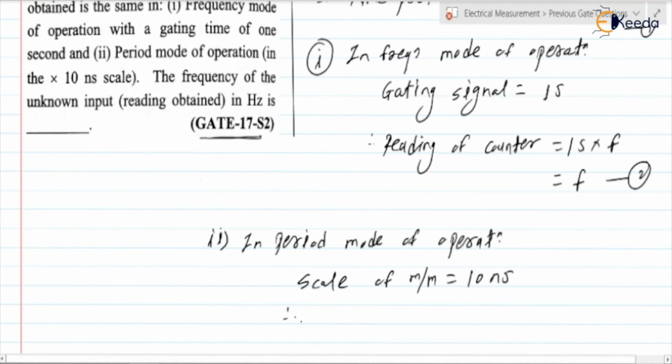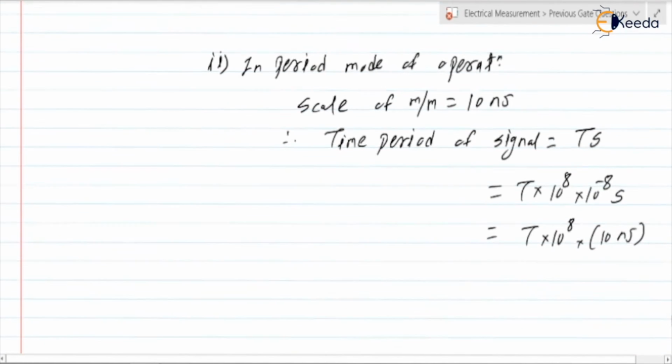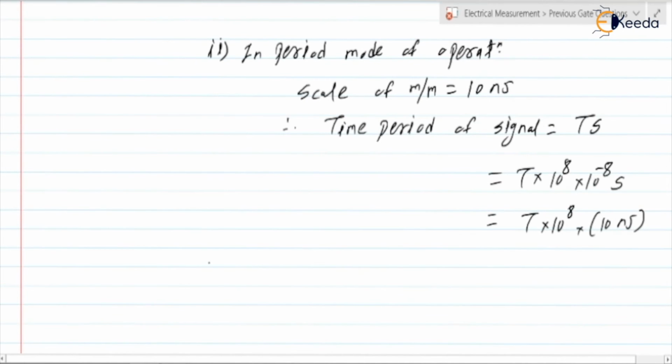So the time period of the signal is equal to t into 10 to the power minus 8 second. So it is equal to t into 10 to the power 8 into 10 nanosecond.